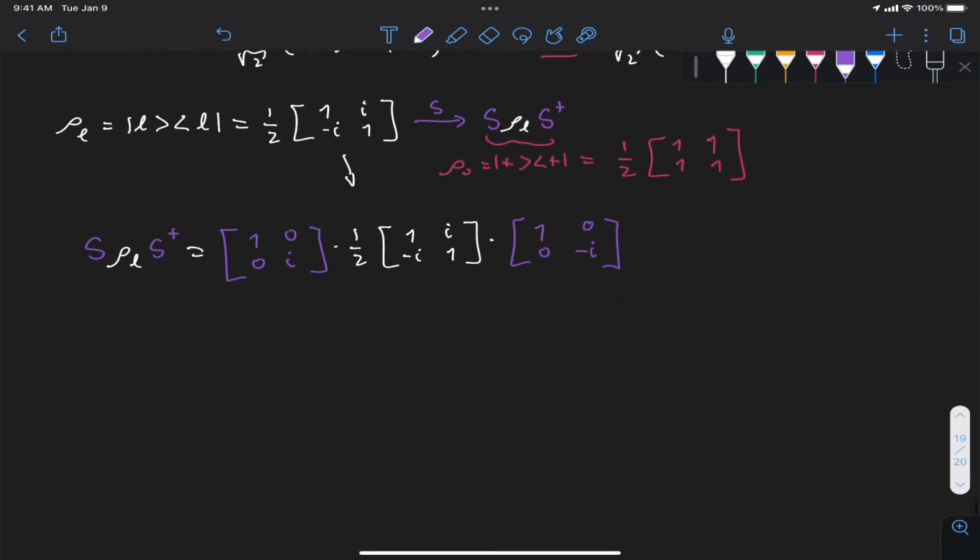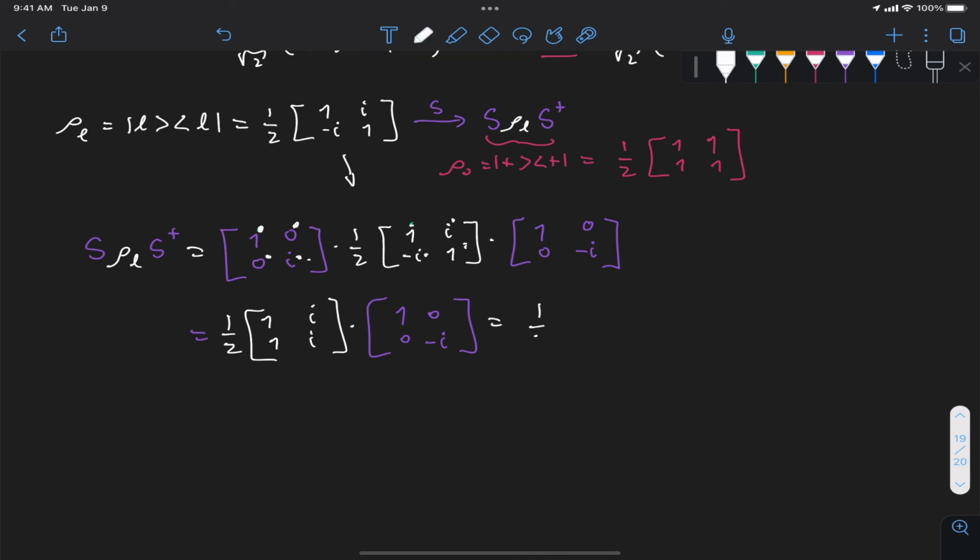So if we multiply, let's move this 1/2 here, and let's multiply this matrix with this matrix. What we get is 1 times 1 plus 0 times minus i, that's just 0, so we get a 1 in this location, then i. And then we move down, so that's i, and then 1. And then we multiply this again by this other matrix, 1, 0, 0, minus i. Now let's perform that multiplication.